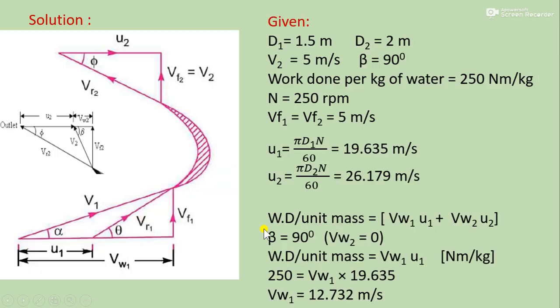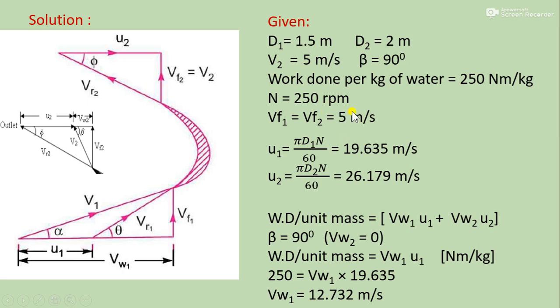Okay, so let us see. Here we will take the usual velocity triangle diagram. Given data: d1, d2, and v2. Speed is given, and as we discussed, Vf1 and Vf2 are both the same.